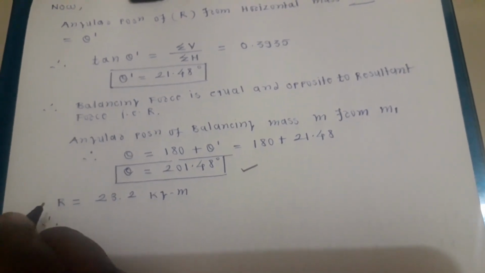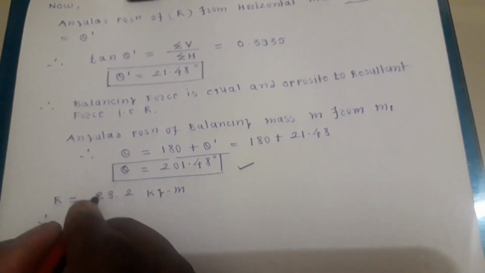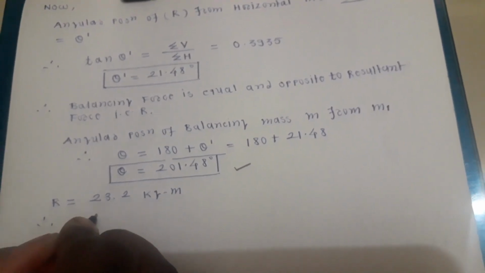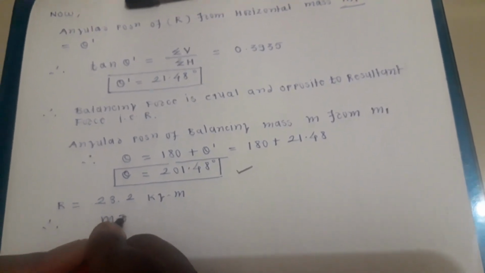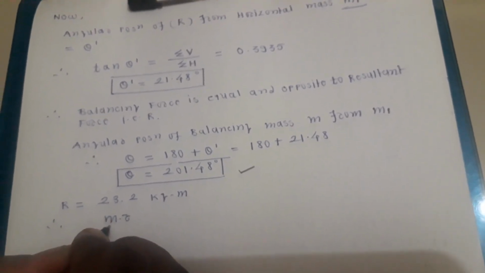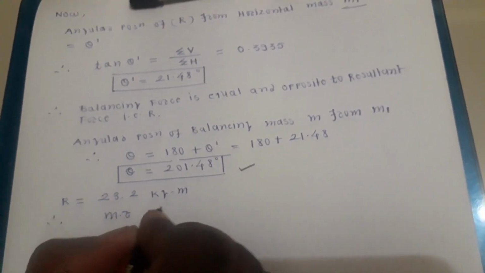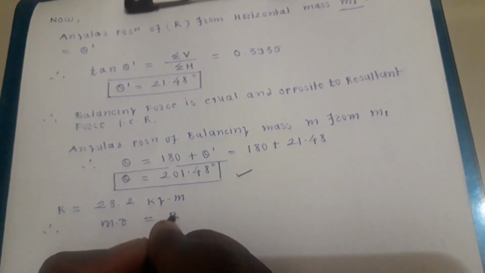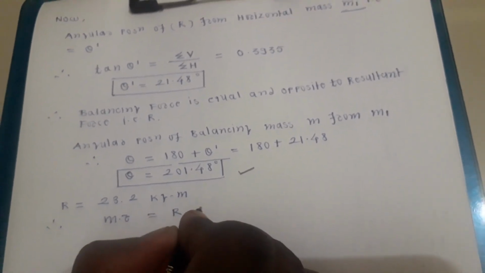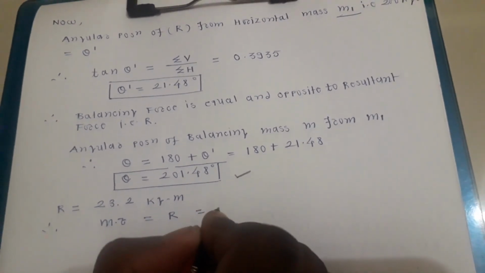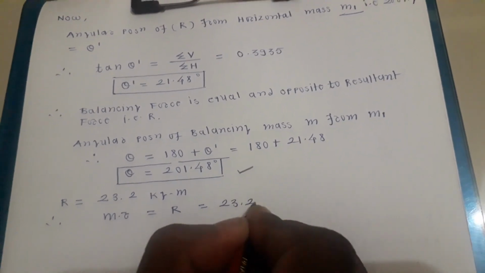So we can calculate this m into r. This is the balancing force, the product of mass into radius, and it is equal to the resultant R. So m into r is equal to 23.2.